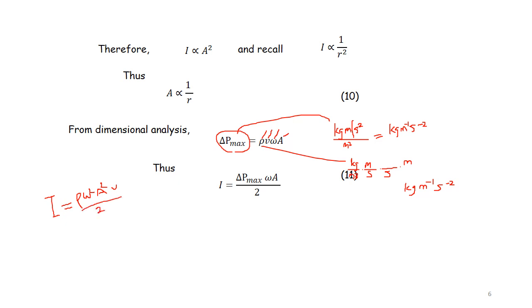So bring rho, one omega out, one A out, and the v.